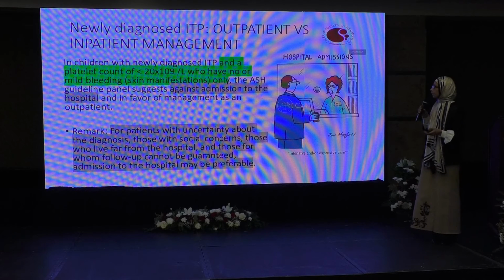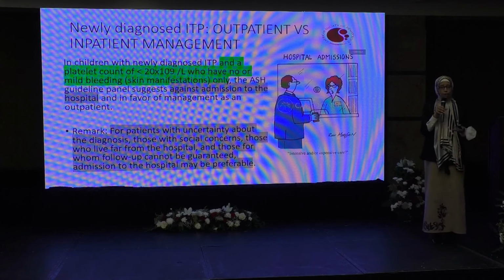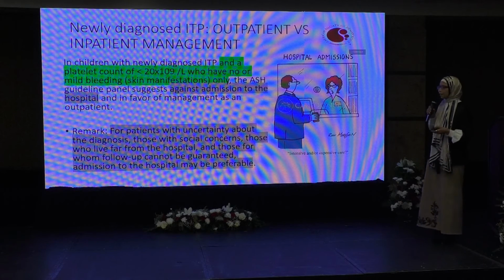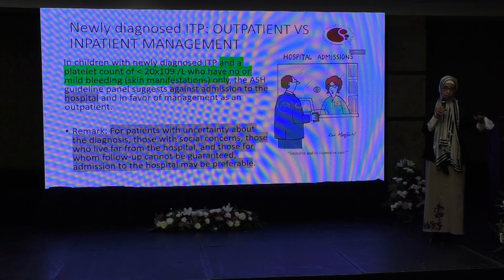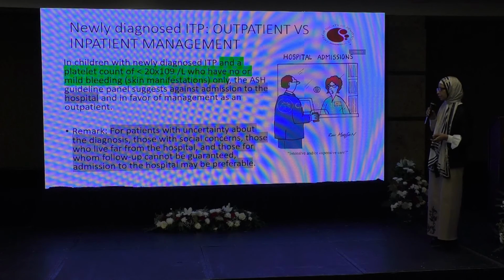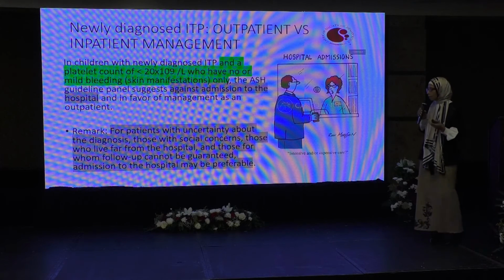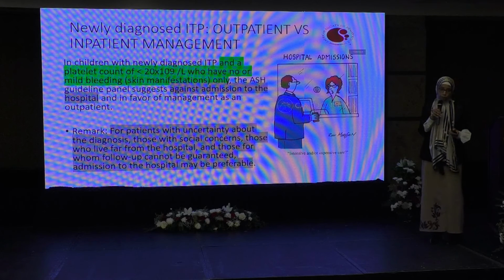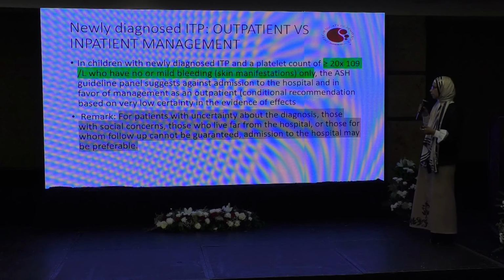Are newly diagnosed patients managed as outpatients or inpatients? This is a debate as well. There is a tendency to keep them out of the hospital, especially if the platelet count is more than 20,000. Yet I wanted to highlight a remark by the American Society of Hematology that for patients with uncertainty about the diagnosis, those with social concerns, those who live far from the hospital, and those whose follow-up cannot be properly guaranteed, admission may be preferred, because sometimes we cannot get proper access to follow up with the patient, especially in areas far from the hospital.